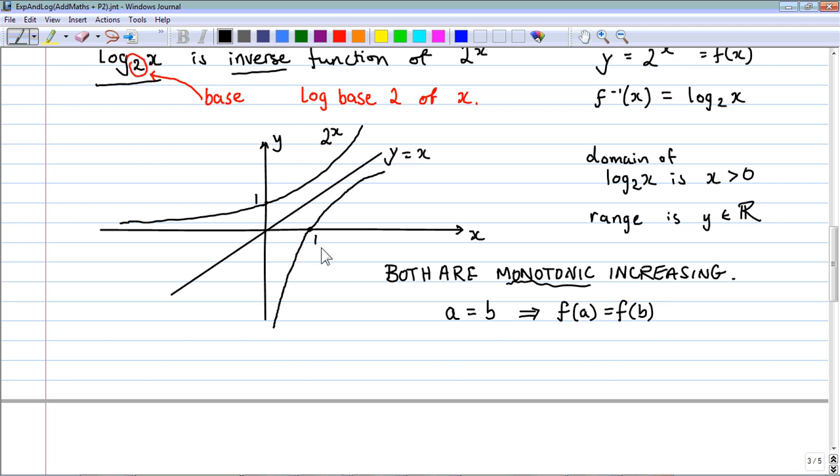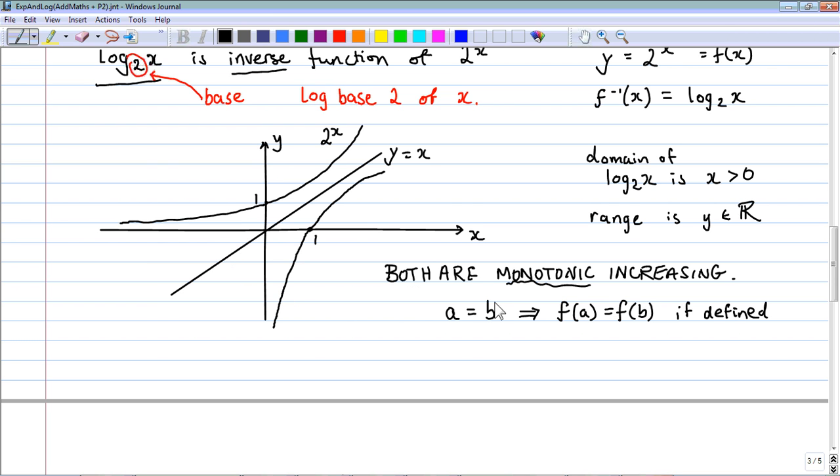If we have the same x value, we always have the same y value, assuming the function is defined at all. For example, here I could not put a and b as negative numbers.